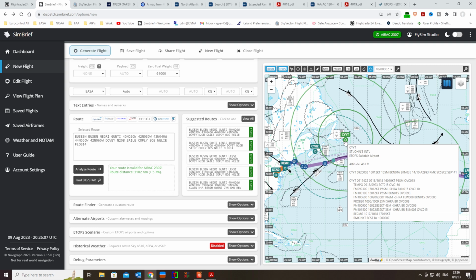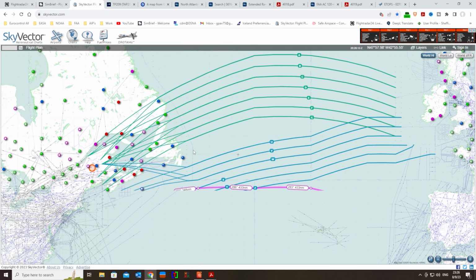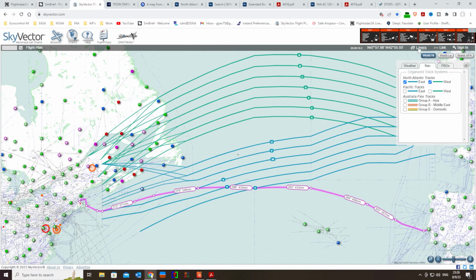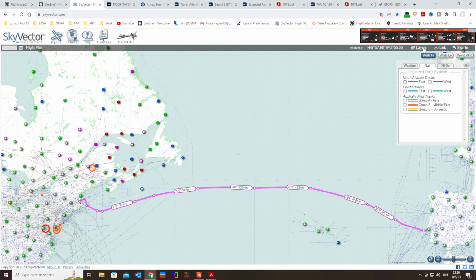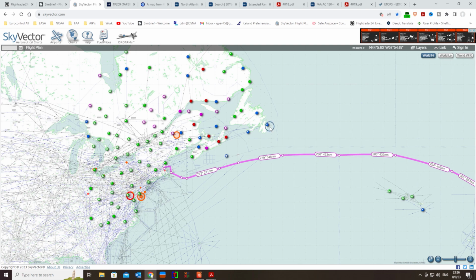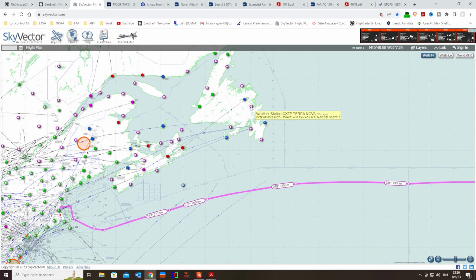Okay, if I want to change that airport because I don't like it, heavy strong winds over there, so I don't want to go over there. So what I'm going to do, you see, the weather is not really great. Cape Race, no, I'm not going to go there either.